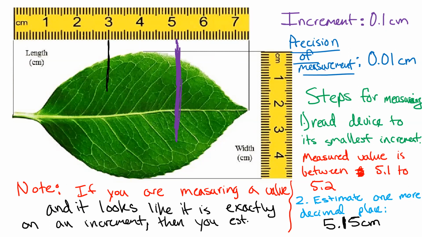Then you estimate a 0, and your value would be 3.00 centimeters. If you say that it is exactly on 3, you still have to estimate to that 100th place, because that is the level of precision that that measurement device is capable of.